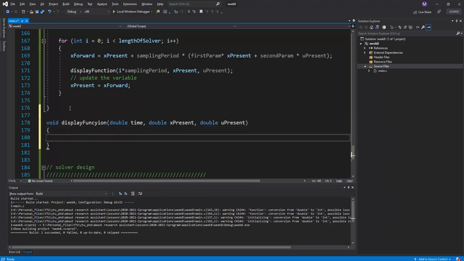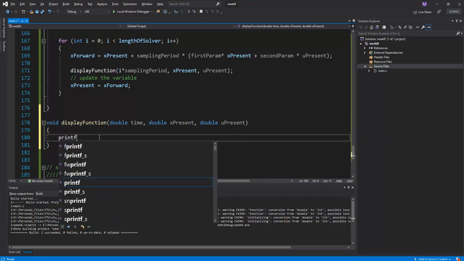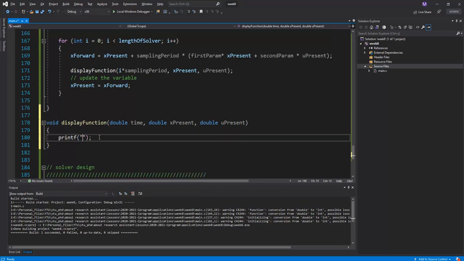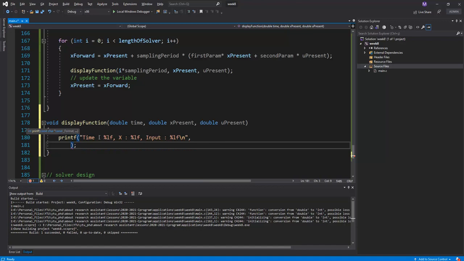And so in this function block printf can be used. Time percentage lf, x value percentage lf, and so the u or input value percentage lf can be given. And so time is equal to what?